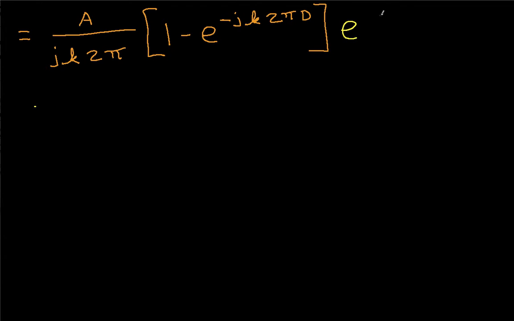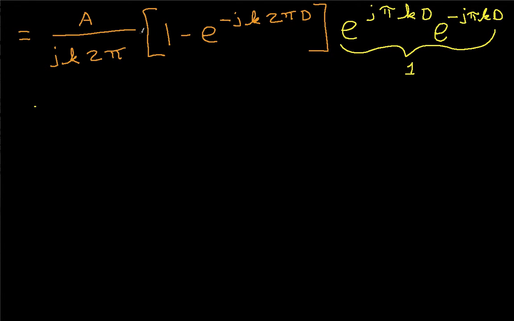So I'll have e to the j pi k d times e to the minus j pi k d. Okay, so hopefully you can look at these and say, well, the exponent here is the negative of the exponent here, so this is indeed 1. But this is a very complicated way to express 1.